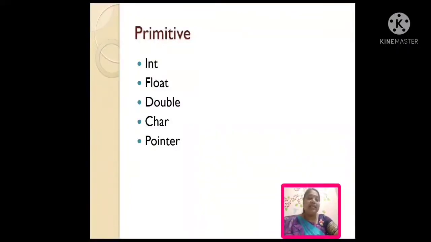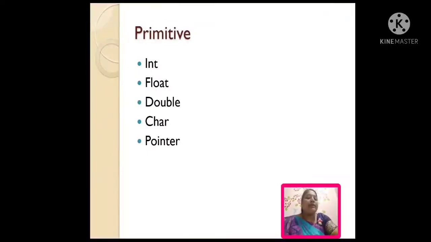These are the data types which say how many bytes of data we are going to store in memory. Integer can take 4 bytes or 2 bytes of memory, float takes 4 bytes, double takes 8 bytes, and character takes 1 byte of memory. Pointer varies according to the data type it points to, whether it is an integer pointer, floating point pointer, double pointer or character pointer.